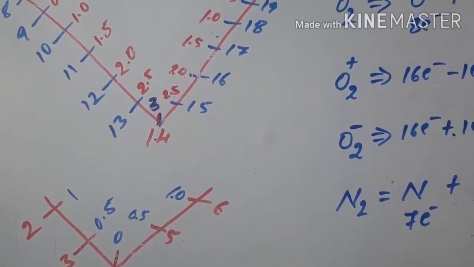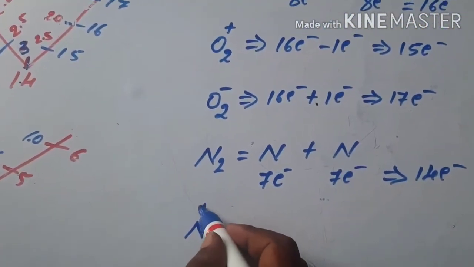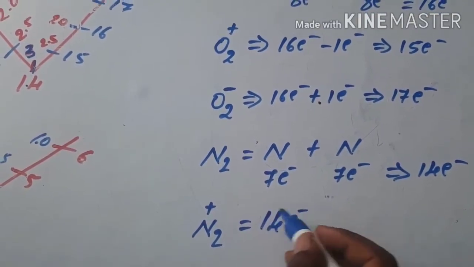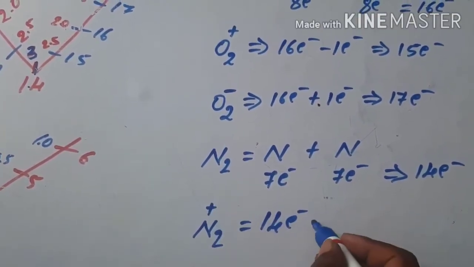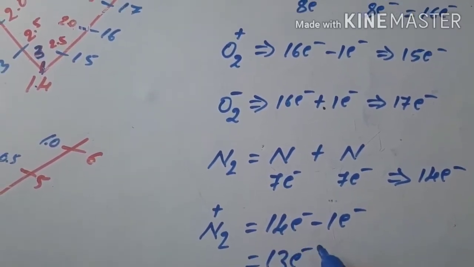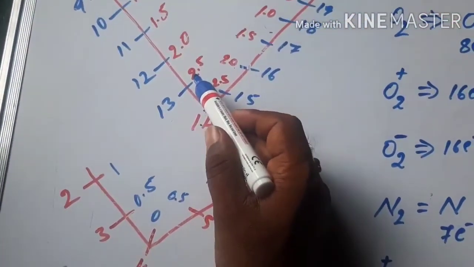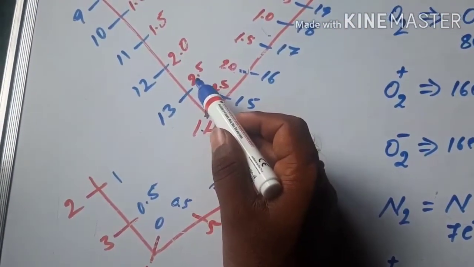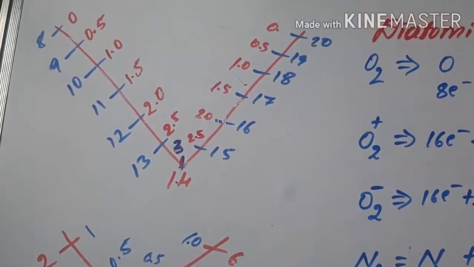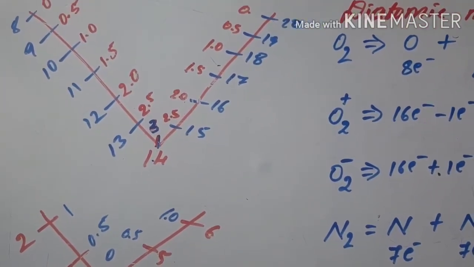In the same manner, for N2 plus, 14 electrons minus 1 electron removed gives 13 electrons. For 13 electrons, the bond order is 2.5. So like this we can determine bond order by the shortcut method for any given diatomic molecule.